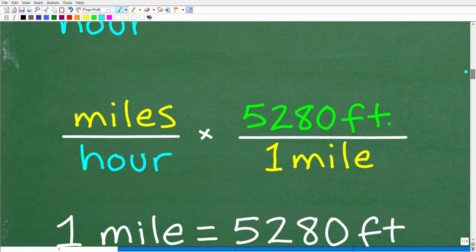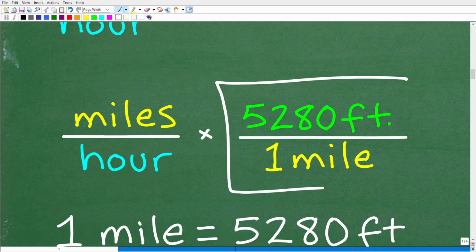Okay, so what we need to do is use a conversion factor. A conversion factor is basically a fraction where we have both units that are involved, the one that you have and the one you want to go into. So this fraction is going to be the following: 5,280 feet per 1 mile.